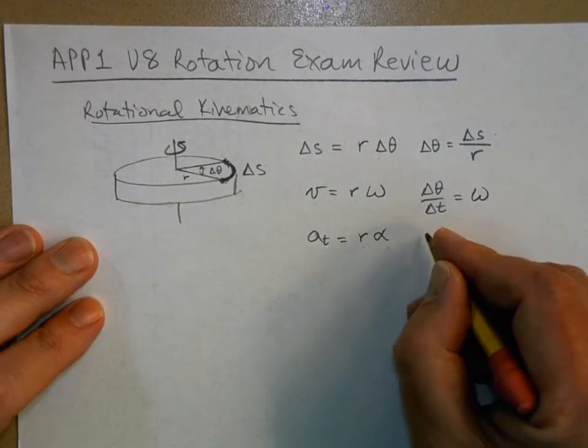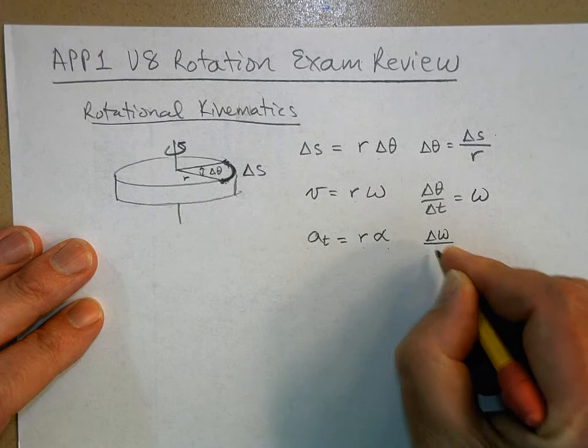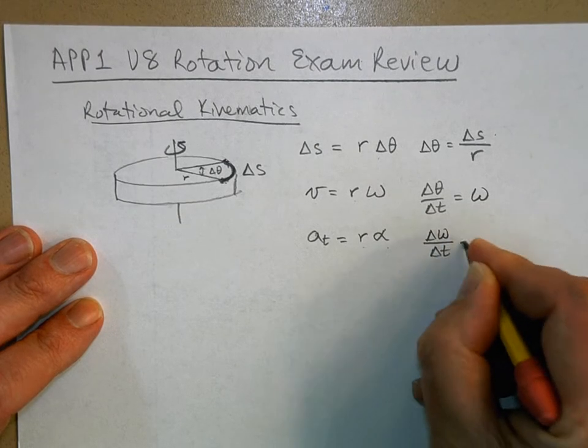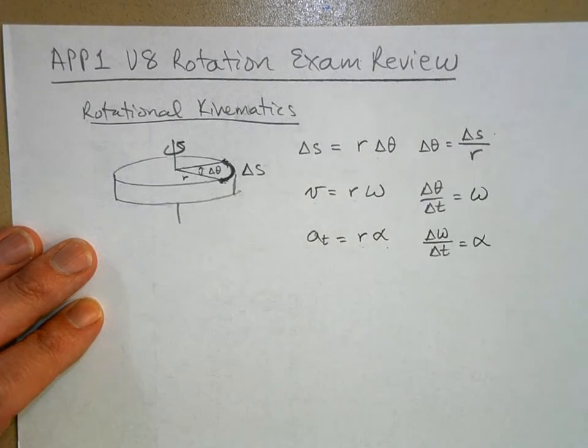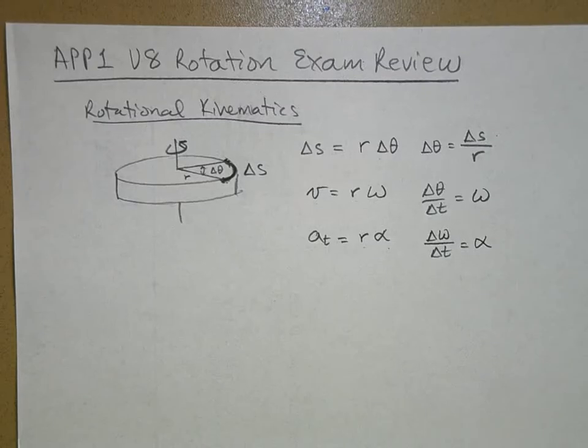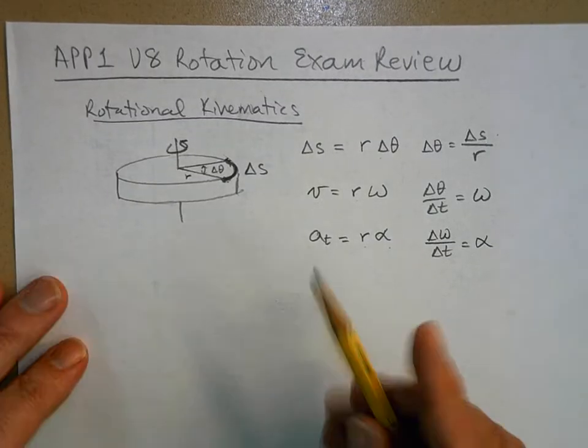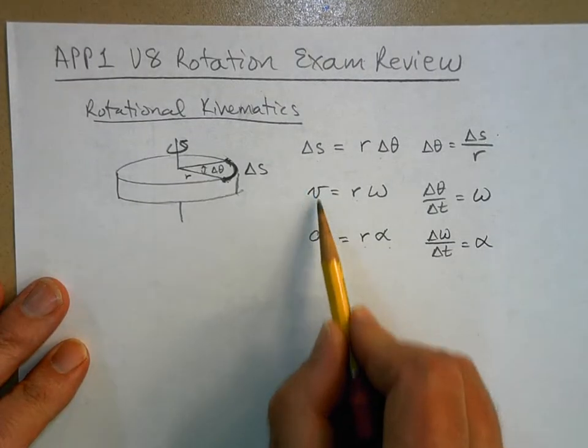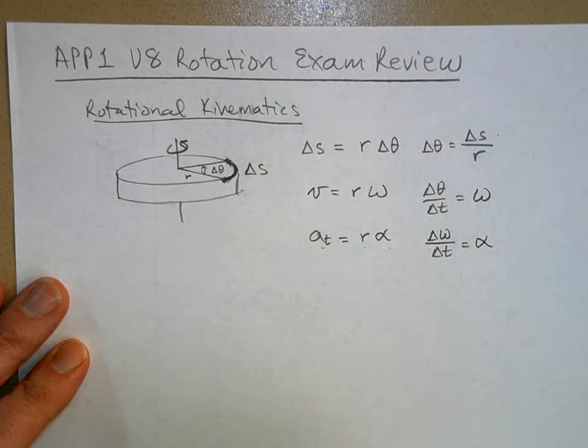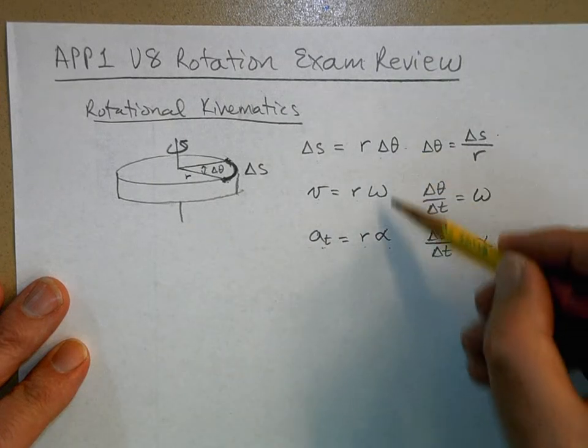And of course, the change in angular velocity over the change in time is equal to the angular acceleration. So these are how the linear displacements and the tangential acceleration are described in terms of the angular motion variables.